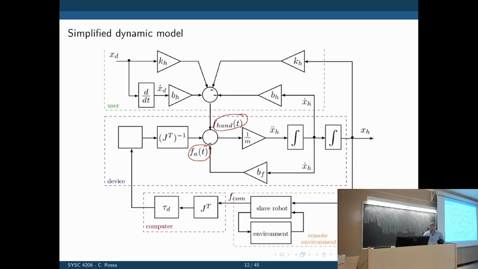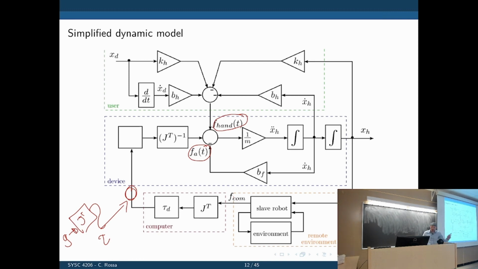You would add basically another loop here. Gravity goes into the transpose, goes into torque, and then it's a supplementary torque that goes there.